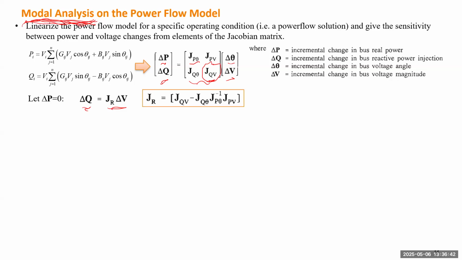The JR here can be easily proved. That one can be calculated from here. Basically you let this one be 0, and from the first equation you solve for theta, then you plug into the second equation, and finally you have this solution.